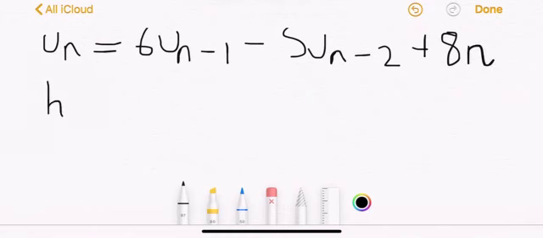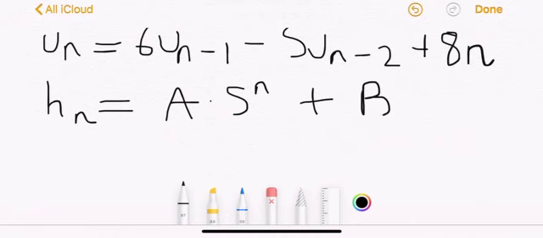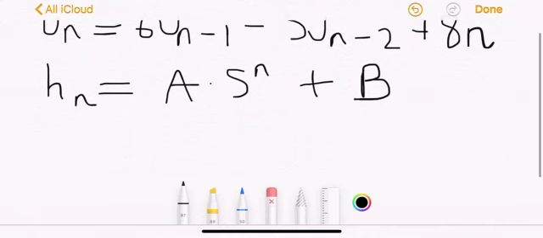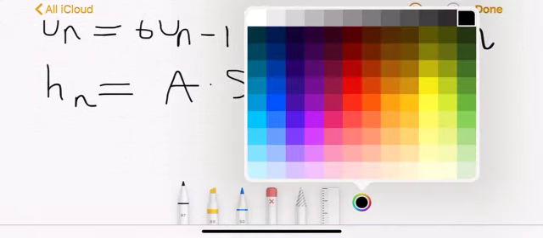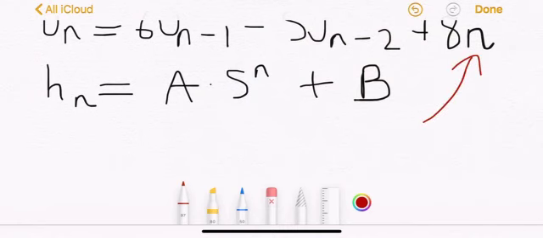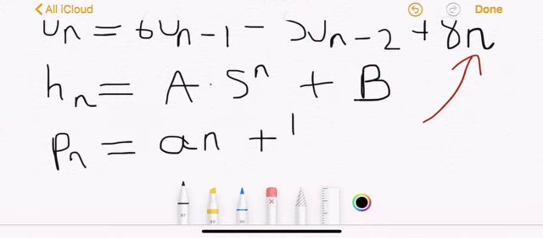So I'm going to tell you that the solution to the homogeneous recurrence relation is h_n equals A times 5^n plus a constant B. And we want to consider the particular solution. Well, according to the standard particular solutions, because f(n) here is linear, we should consider the particular solution P_n equals an plus b.